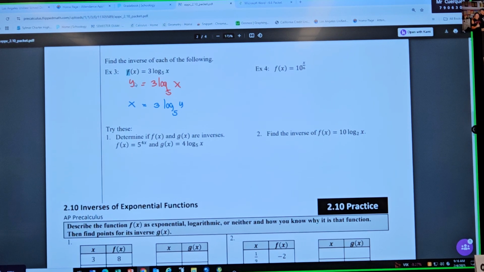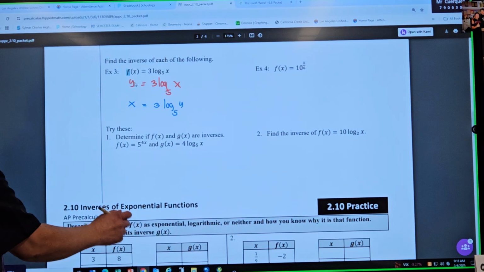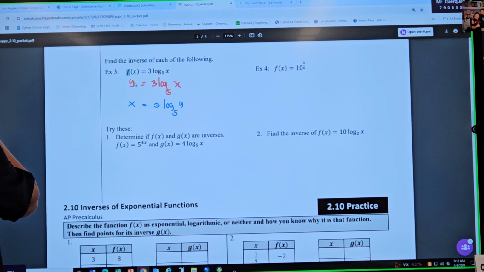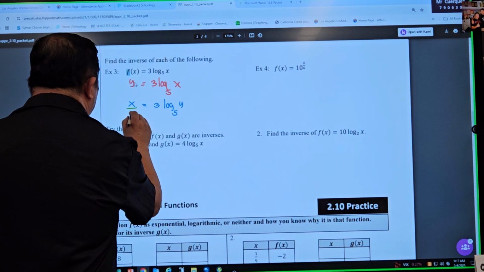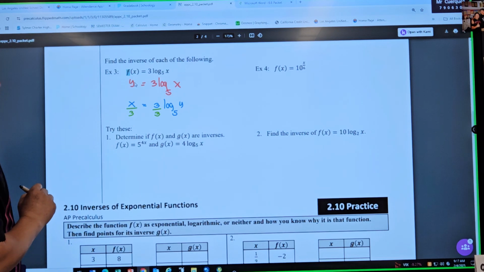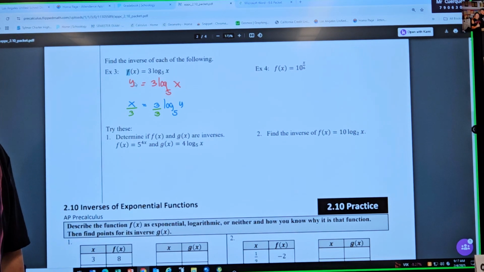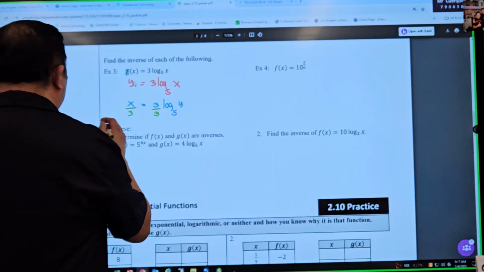Very good. In order to isolate the 3, we are dividing both sides by 3. So divide this by 3, divide this by 3. So therefore, right here on the right side, 3 over 3 is equal to 1, or just cancel that.